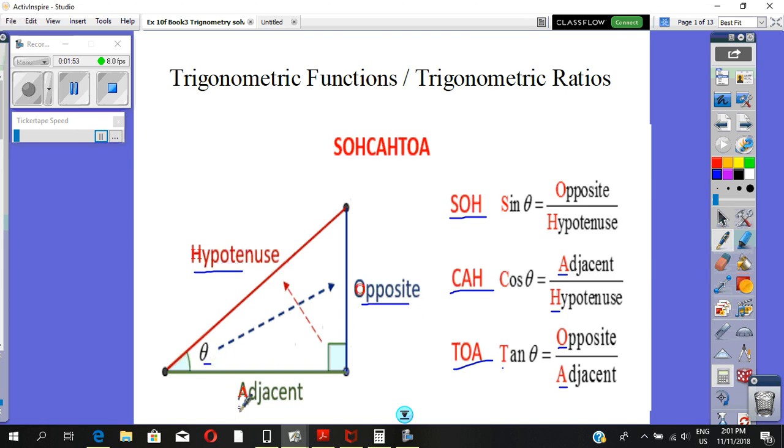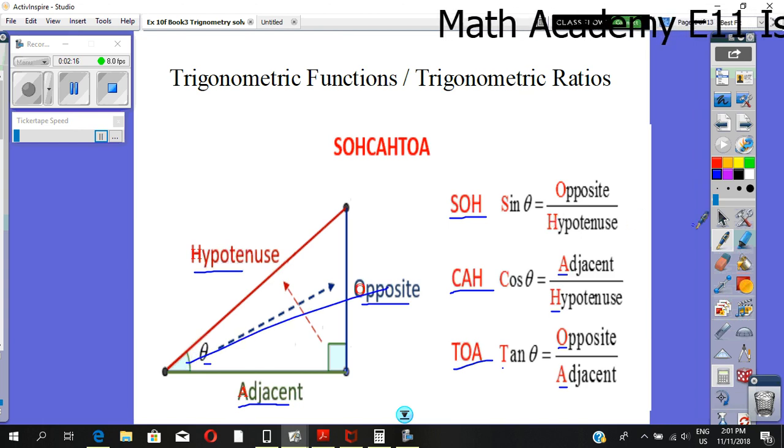And the side which is between the two angles, meaning the 90 degree angle and the other given angle, that side is called the adjacent. But how are we supposed to use the trigonometric ratios with these three sides of the right angle triangle?